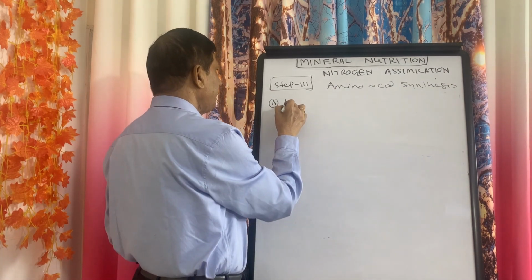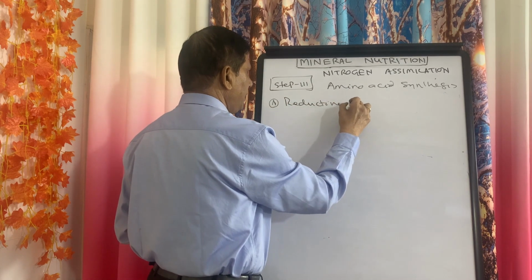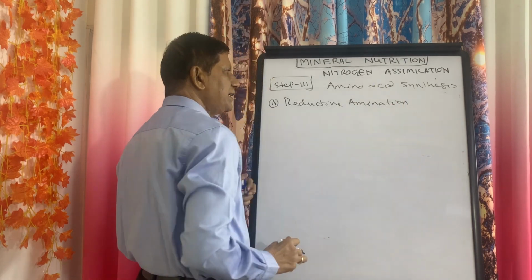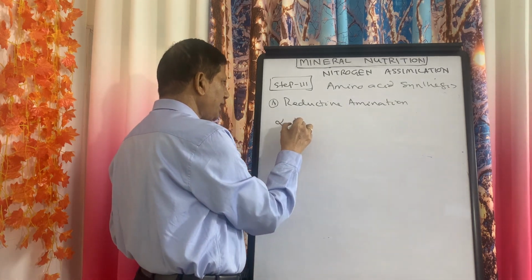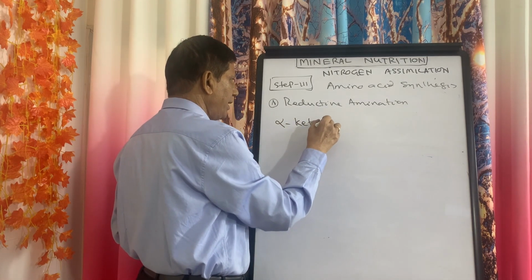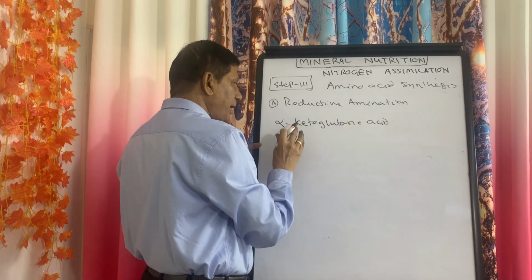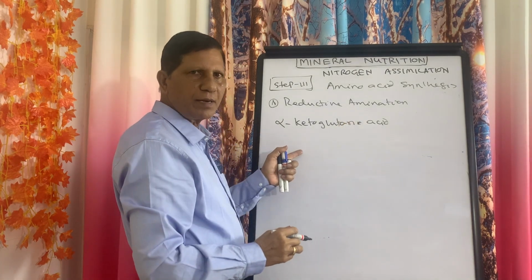One is reductive amination. In this reductive amination, the alpha ketoglutaric acid, this is a 5 carbon organic acid and one of the intermediates of Krebs cycle.